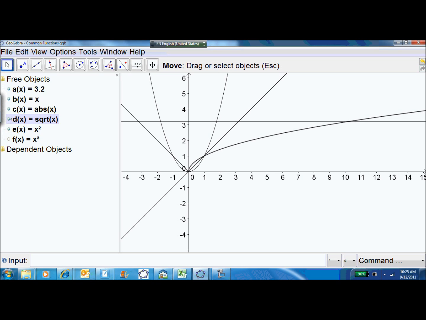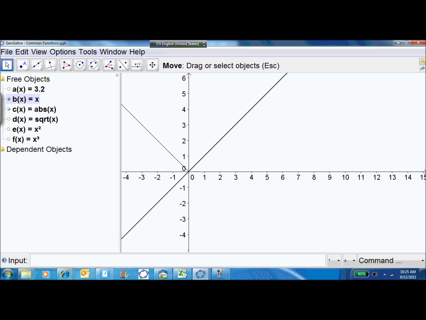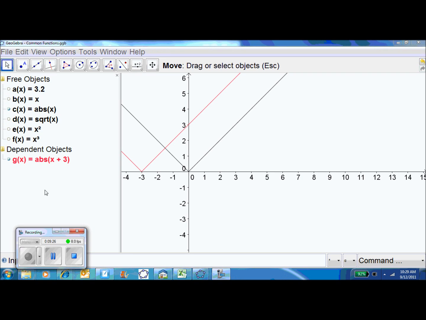So let's just look right now at the absolute value of x graph to see what's going on. There you go. Now we just have absolute value of x. And what I want to do in here is look at f of x plus 3.